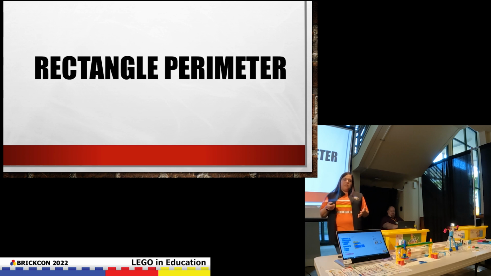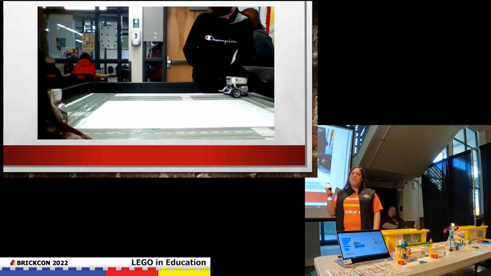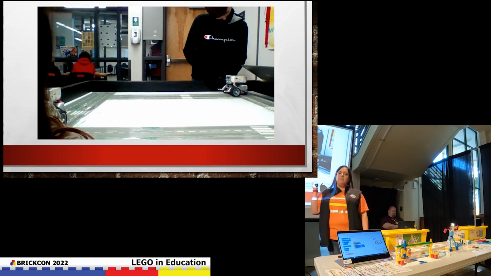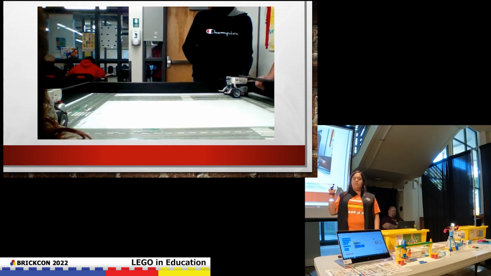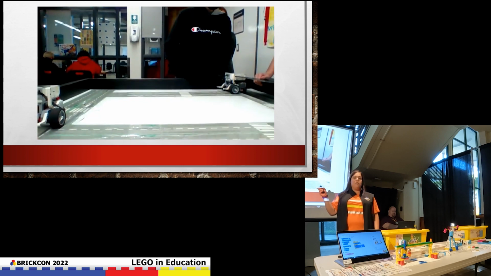So one of my first challenges that my 6th graders will do is a rectangle perimeter. So they have to get the robot to go in just a rectangle. The challenging part about this one is I manually did the rectangles, so they're not perfect. And so they get very annoyed at me. How I grade is the students have to record their project.